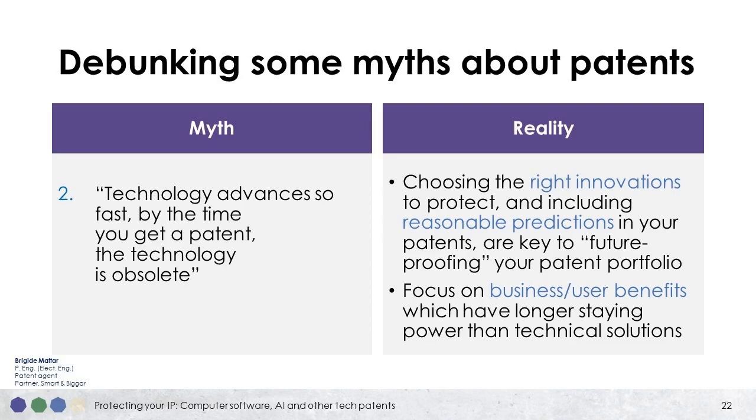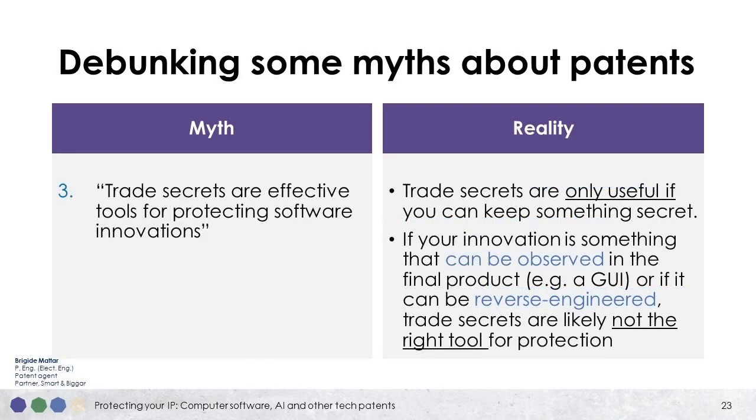Third myth that we hear quite a lot is that trade secrets can be an effective form of protection for software innovations. And for that one, you have to be very careful. Trade secrets can be useful, but only to the extent that your software innovation can be kept secret.